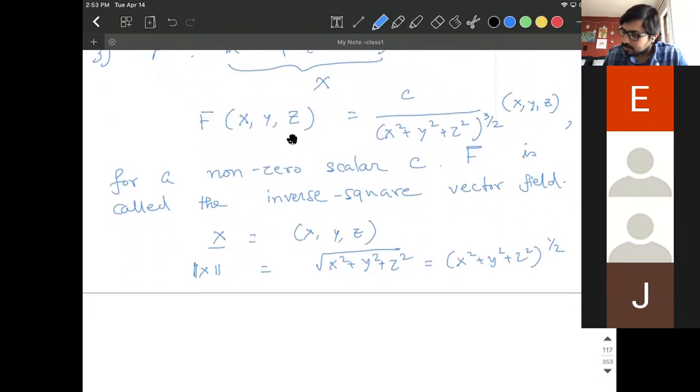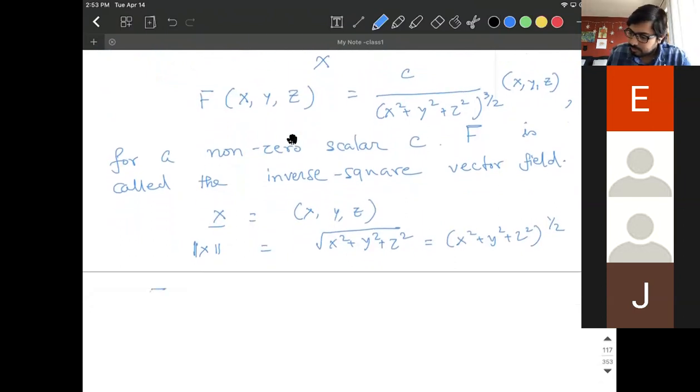Now, with this notation, this vector field can be rewritten in the following way. So F of this vector X is C over the norm of X to the 3 over 2 times the vector X.